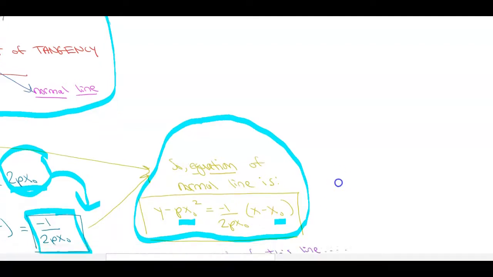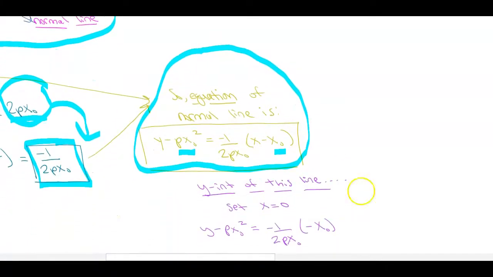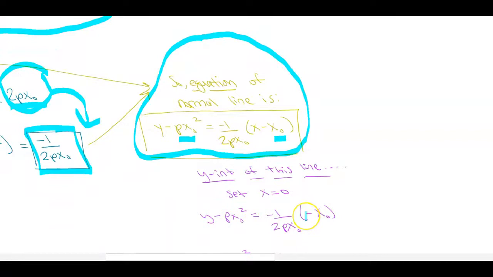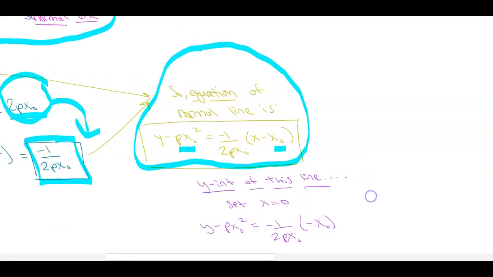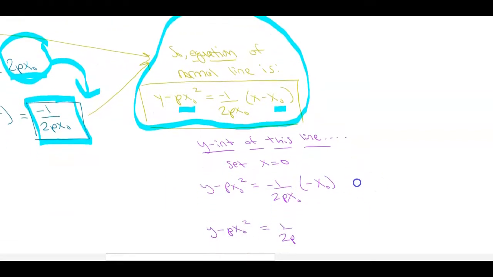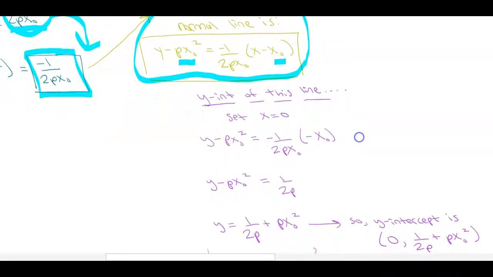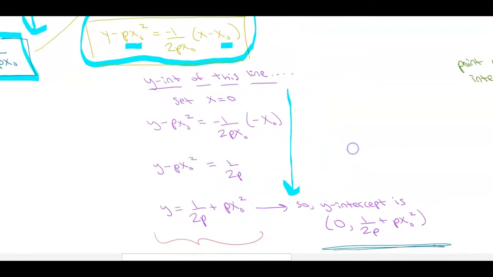So when I plug in 0 for x, I get this. And of course, when you want to find the y-int, you want to eventually solve it for y. If you follow my work here, the y-int is right here. And if you want to write it as an ordered pair, that is the y-intercept.